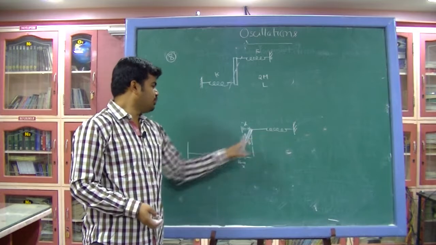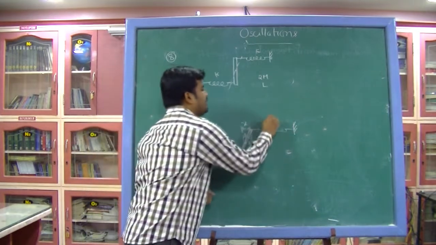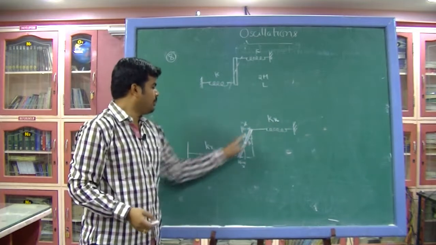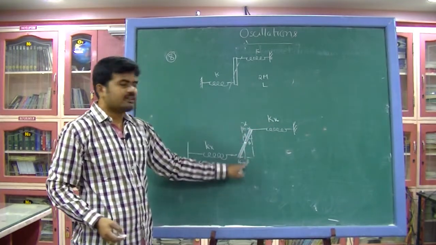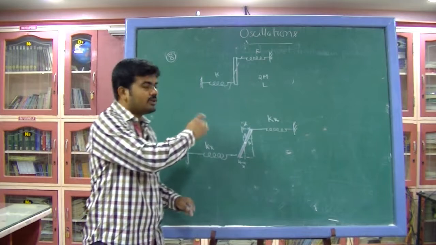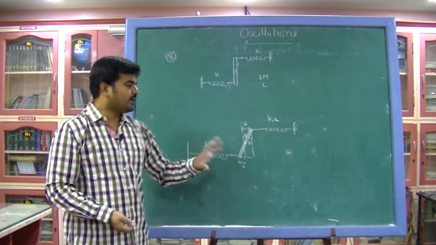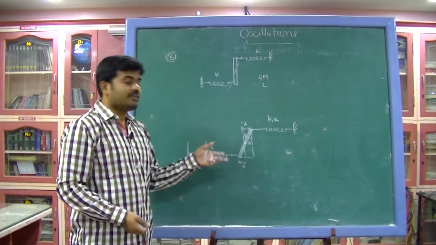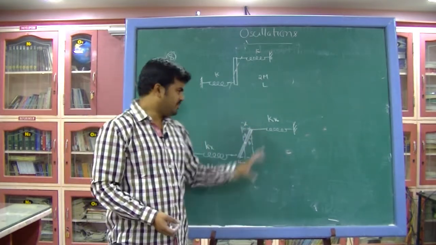In this case, the two spring forces, say Kx and this force is also Kx. They are equal and opposite forces acting at the ends of the rod, so that the rod will experience some couple that will act like a restoring couple, like oscillations of a dipole in an electric field or oscillations of a magnet in a magnetic field. So, the same kind of situation.